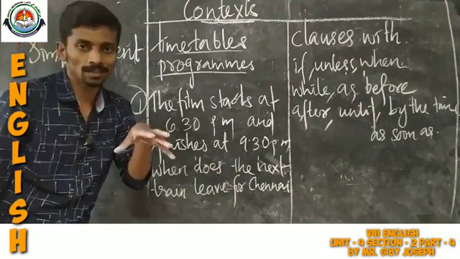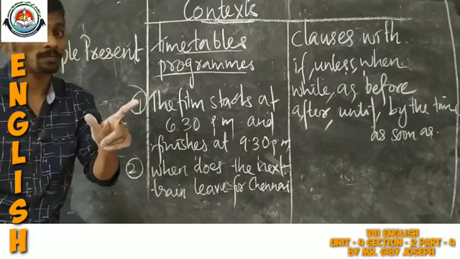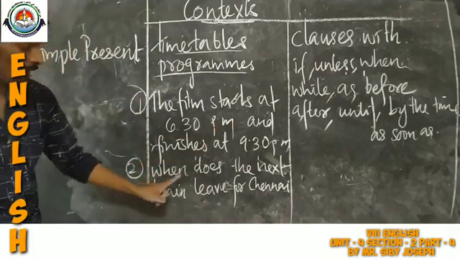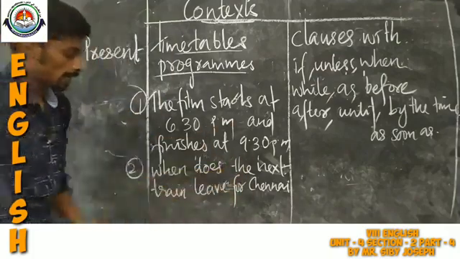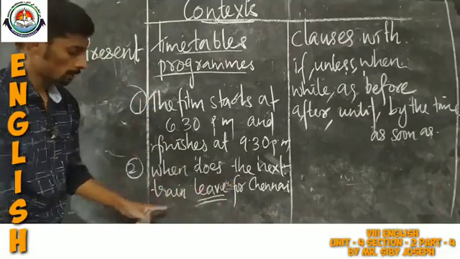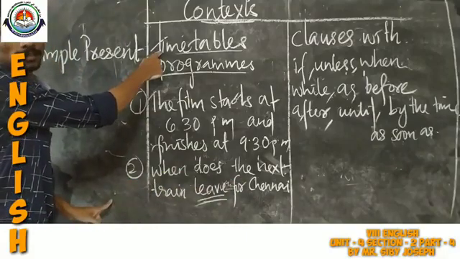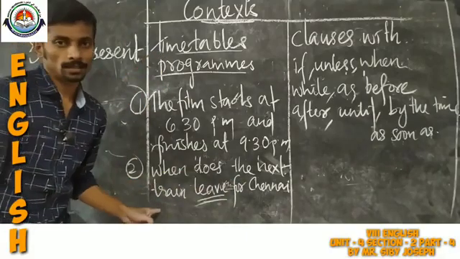Already one train has just been missed. Then the speaker is asking, when is the next train? It is written in simple present only because it is speaking about a timetable, the time schedule of the train.